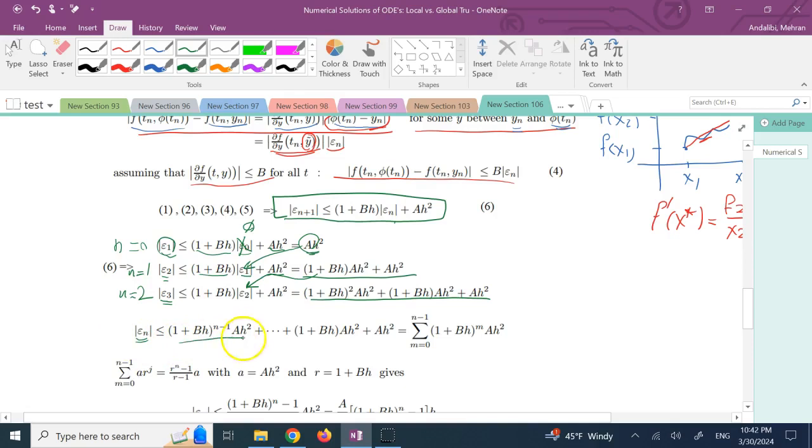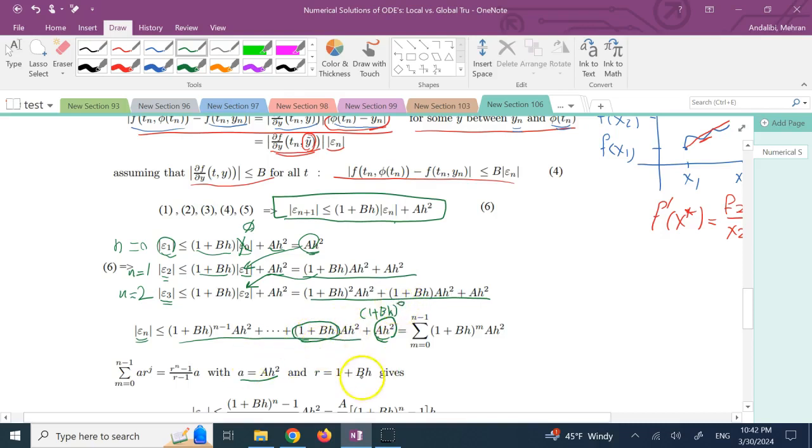Is less than or equal to this guy here, which if you look at it, this is what? This is a geometric progression where this term here, ah squared, is like your initial term, and the term that is raised to some power, where the power changes, is this guy here, 1 plus bh. Here it is like 1 plus bh to the power 0.